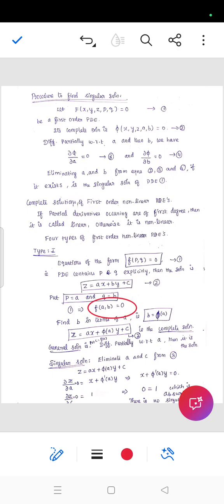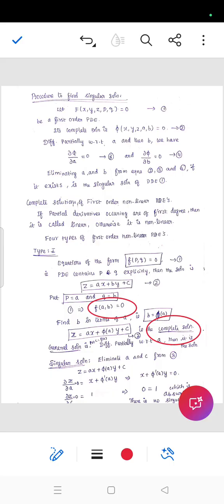So now find b in terms of a, that is b equal to phi of a. Then the complete solution is z equal to ax plus phi of a into y plus c. Then to find the general solution, put c equal to f of a, then differentiate partially with respect to a, and then it is the general solution.